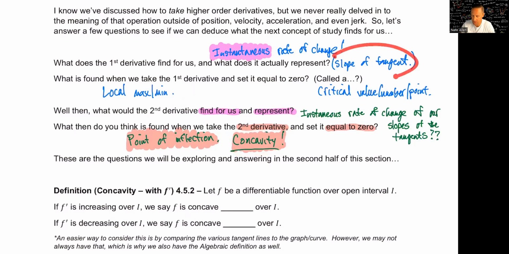So instead of the slopes of our tangents, it will now find how curved it is and what direction that curvature is facing. So these are the types of things that we're going to get into now. A little bit confusing at first, so bear with me. Let's talk about the definitions. We'll take a look at this, and then, of course, do some examples to help us put it to work and put a finger on it.